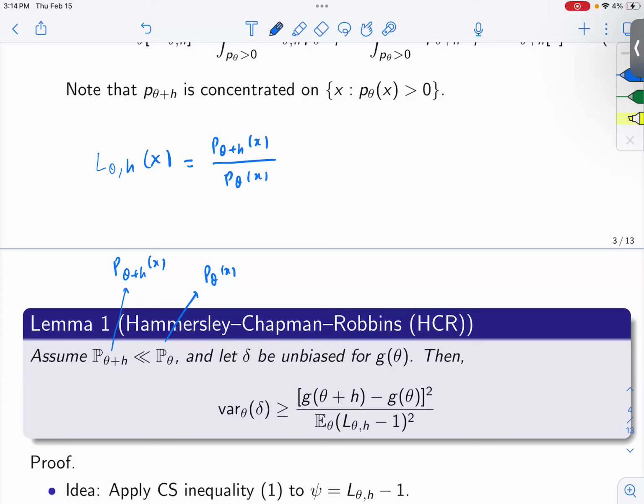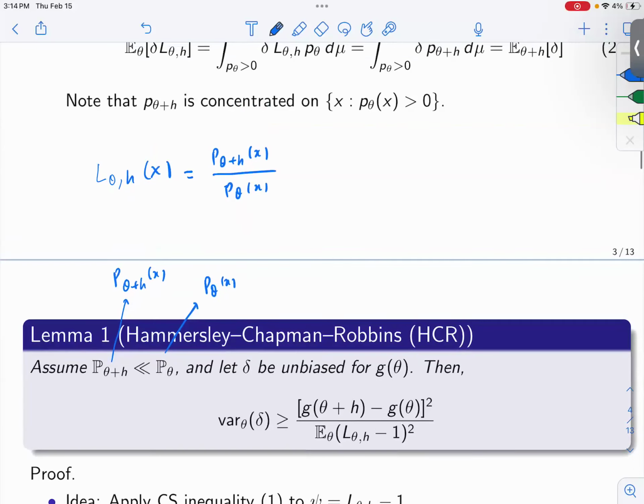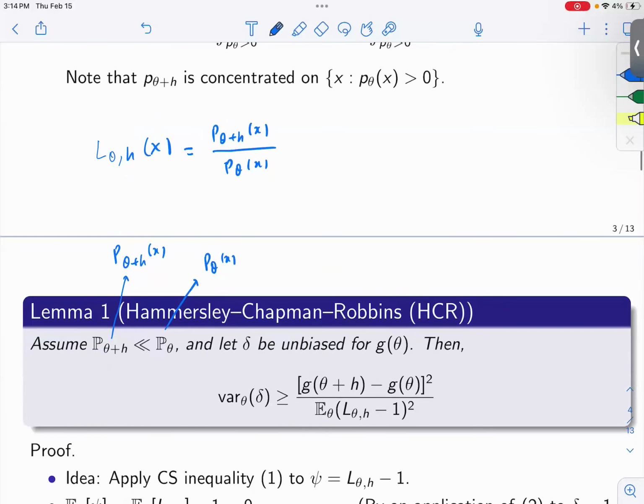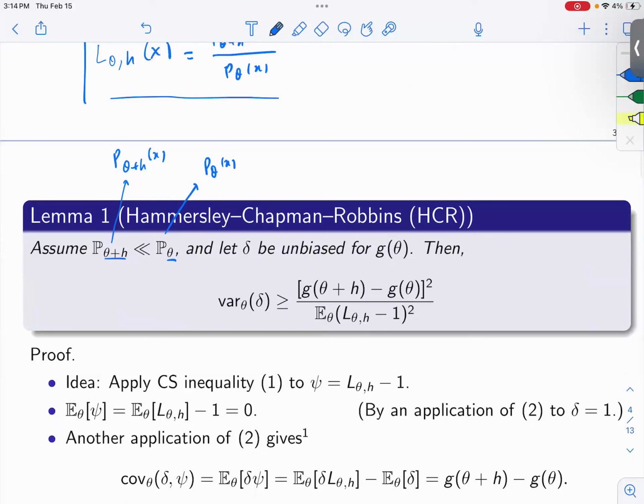If I form the likelihood ratio of the model with respect to these two parameters, that's what happens. That will be the L. And you can see this doesn't depend on delta anymore. So this is just picking theta plus h and theta, for any theta and theta plus h, this side will hold.